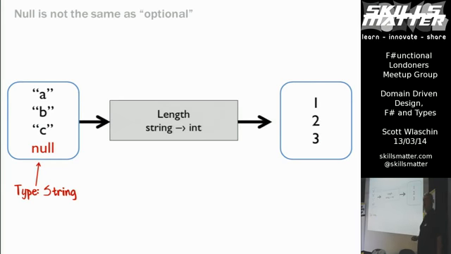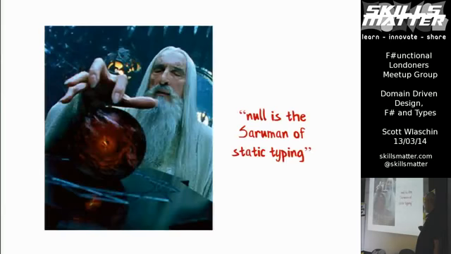It doesn't have a length. Why is it pretending to be a string? It's pretending to be a string, but it's not a string, so it really shouldn't belong in the pile of strings. Null should not be there. Null is not a string. And I call null the Salmon of static typing because it's pretending to be something that it's not. It's misleading you. It's a turncoat. It's a traitor.